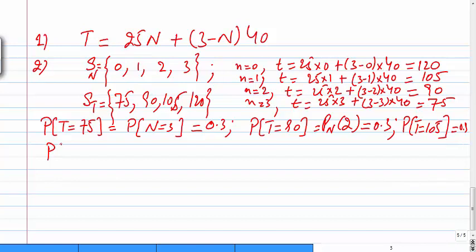Now the last one, probability when capital T is equal to 120. So in that case, PN of 0 is equal to 0.1.